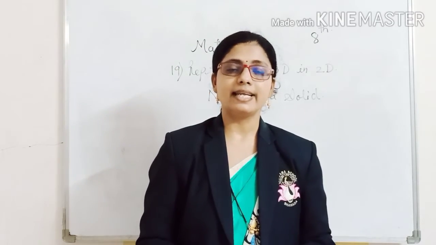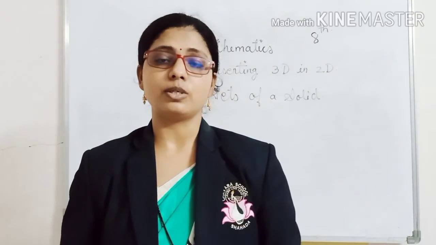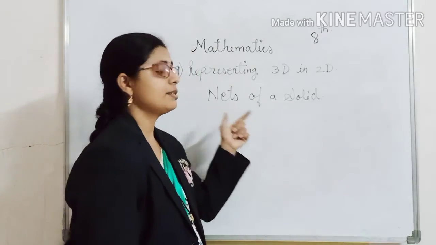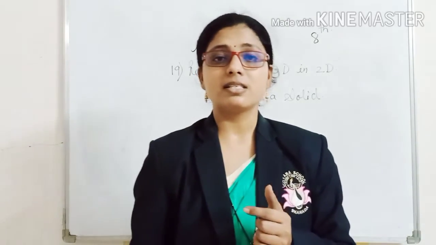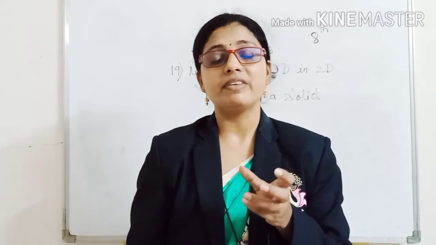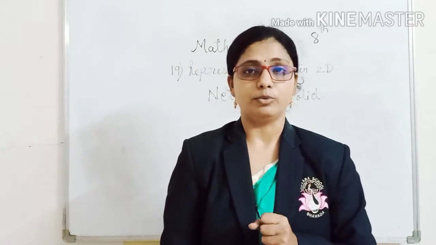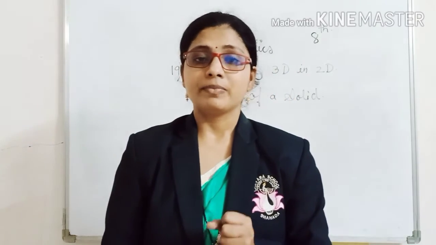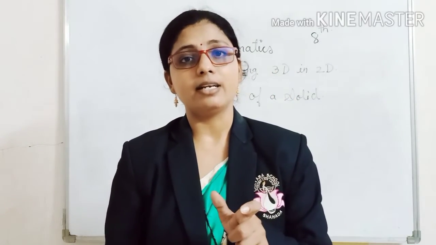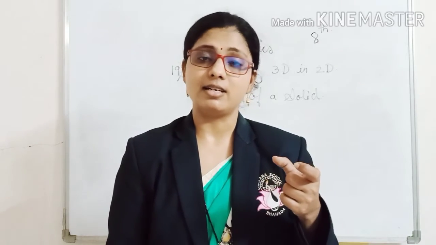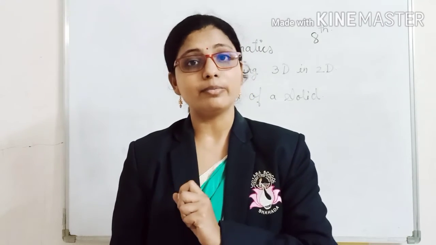Now the next topic which we are going to learn is nets of a solid. Net means the basic part, or we can say the skeleton of that particular solid object. For example, if the net or the basic of that is not clear, how can we make the object?